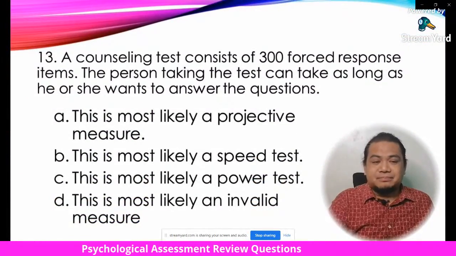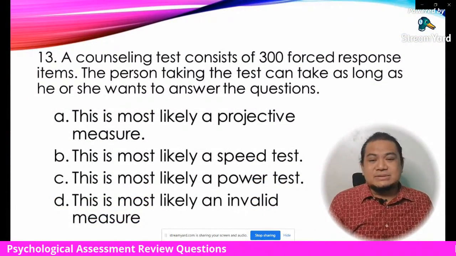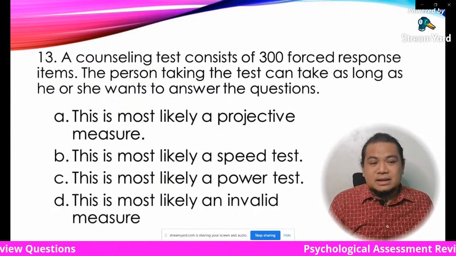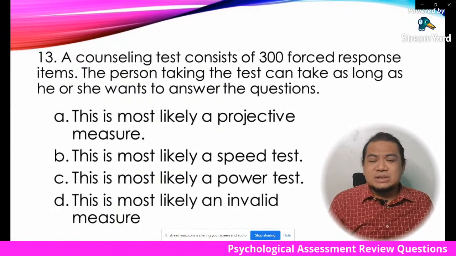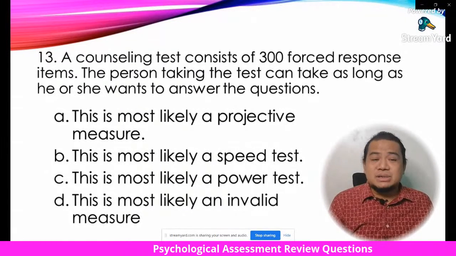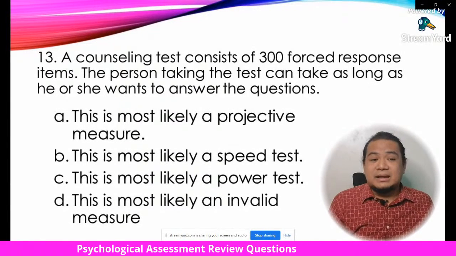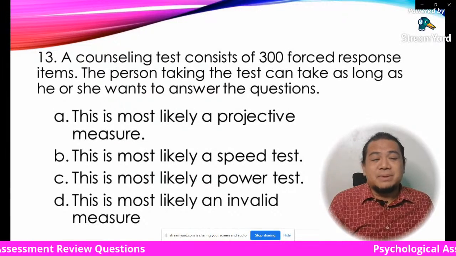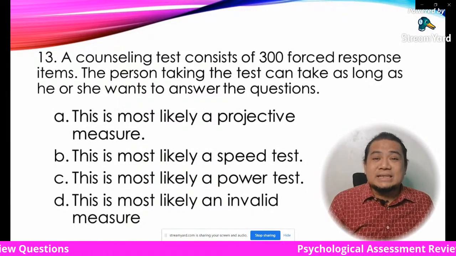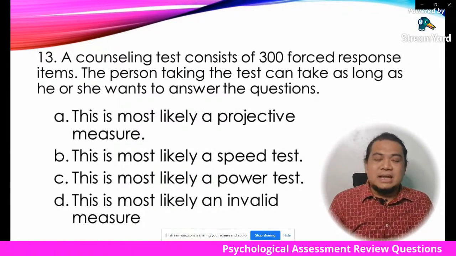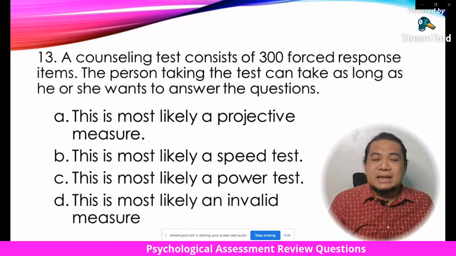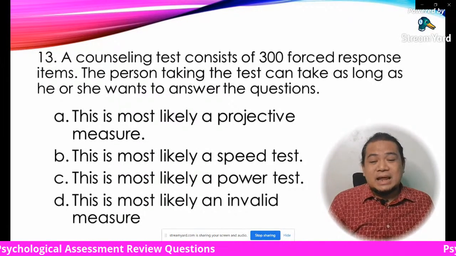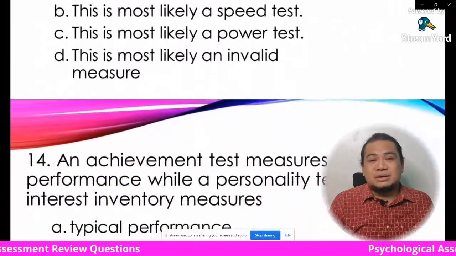Number 13. A counseling test consists of 300 forced response items. The person taking the test can take as long as he or she wants to answer the question. Letter A. This is most likely a projective measure. B. This is most likely a speed test. C. This is most likely a power test. Or D. This is most likely an invalid measure.